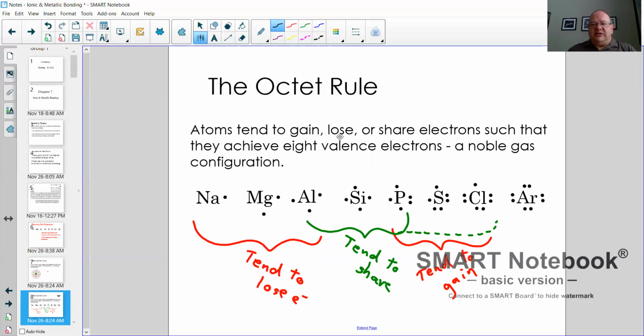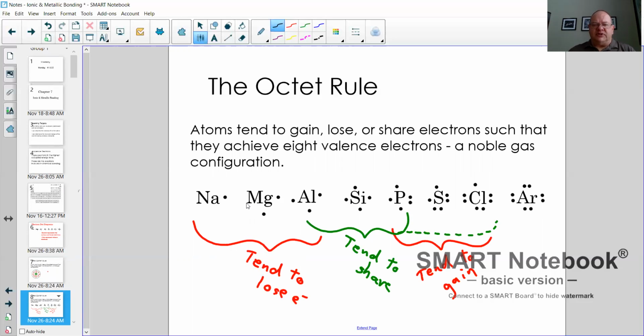So if we apply the octet rule to atoms, let's look at the representative elements again. These are the elements of the 3rd period. The atoms over towards the left tend to have few valence electrons. 1, 2, 3.